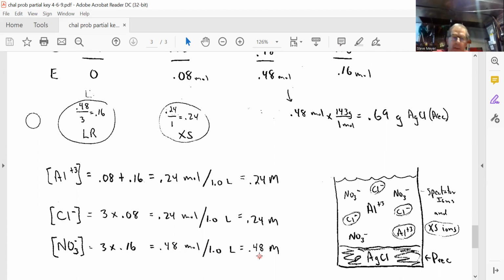That would be the final concentrations of the ions left in solution, of all of them, including the excess limiting reactant, and I'd have 0.69 grams of AgCl at the bottom.